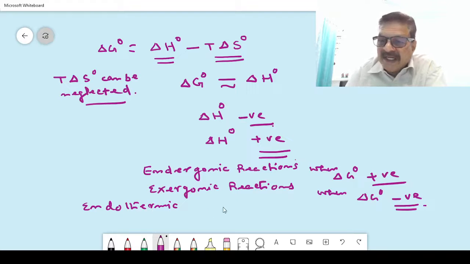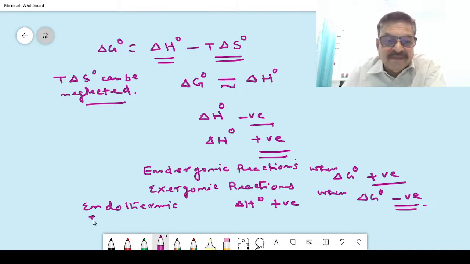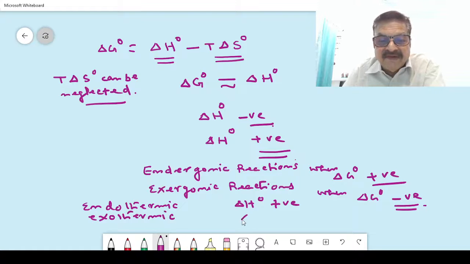Endothermic reaction will be delta H positive. Then exothermic, heat is liberated, released, reaction delta H will be negative.